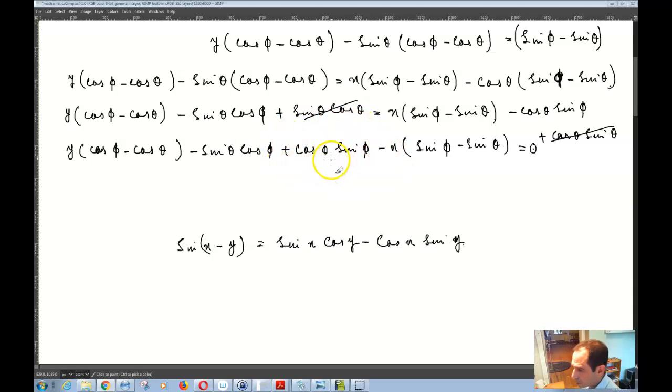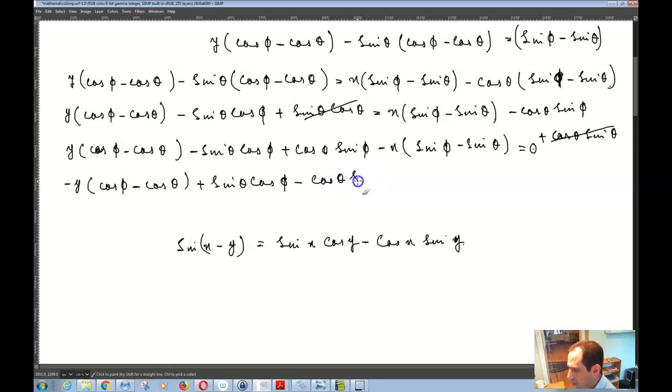So I can basically again do the same thing, meaning that I can write negative y times (cos phi minus cos theta) plus sine theta cos phi minus cos theta sine phi plus x times (sine phi minus sine theta) is equal to 0.